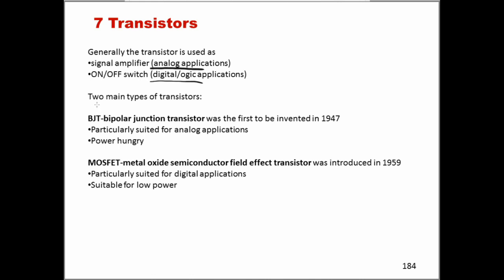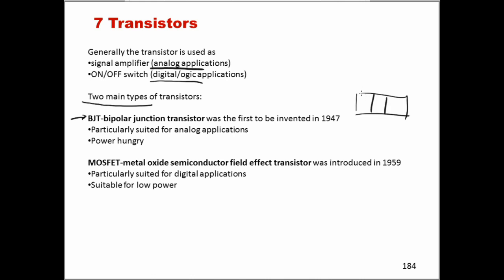Now, historically, there have been several types of transistors, but the two main types that we should remind are this one here, the BJT, the bipolar junction transistor, which was all made by a single piece of silicon and doping in different ways.